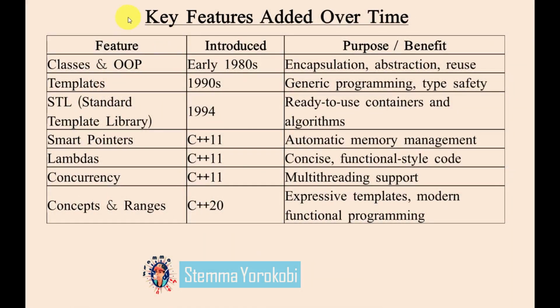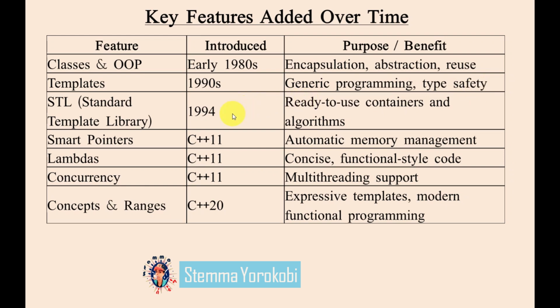Let's see the key features added over time. In the early 1980s, the C++ programming language had the feature of classes and object-oriented programming. Its purpose is for encapsulation, abstraction, and reuse, right? In the 1990s, the features of C++ include templates, right? Its main purpose is for generic programming and type safety, right?